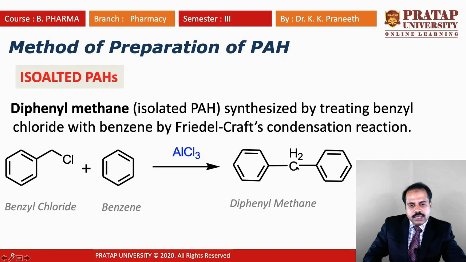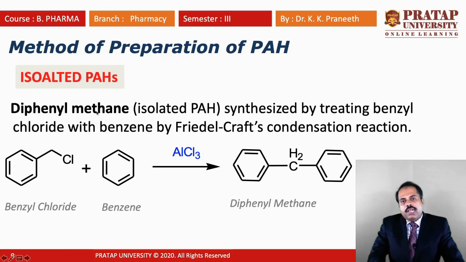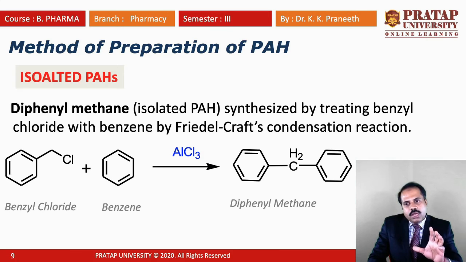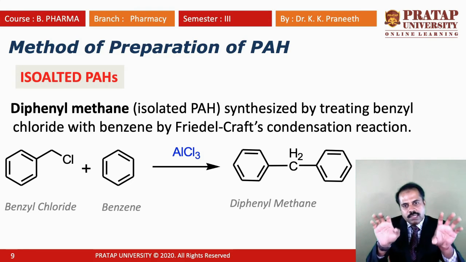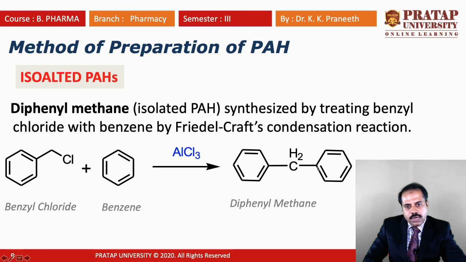There is a central carbon between the 2 phenyl rings. So, how can we prepare diphenyl methane? Diphenyl methane is an isolated polyaromatic hydrocarbon, because the 2 benzene rings are not fused, they are isolated, but both are contained in the one molecule.